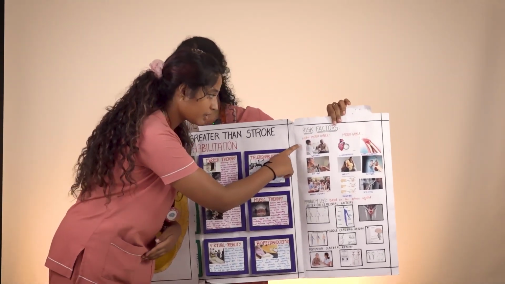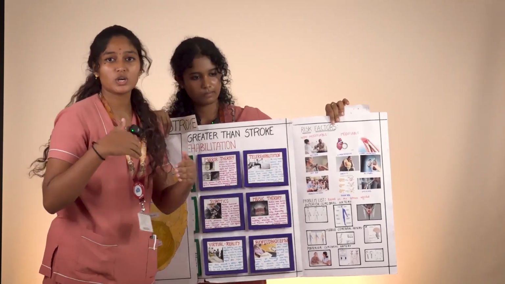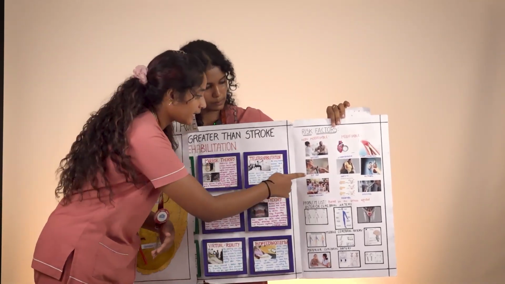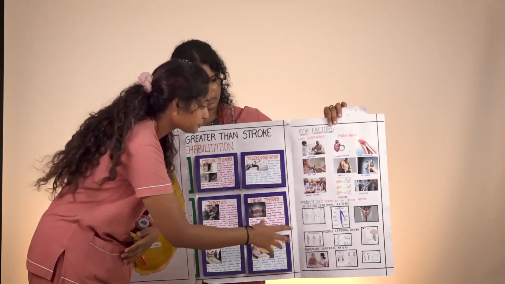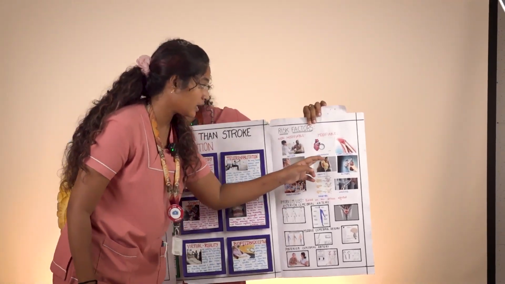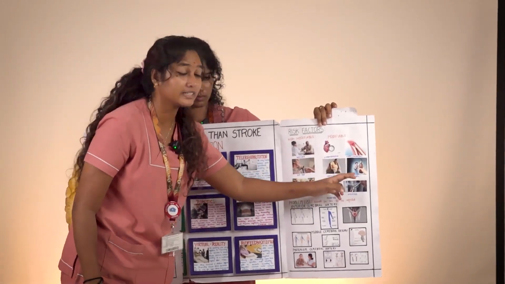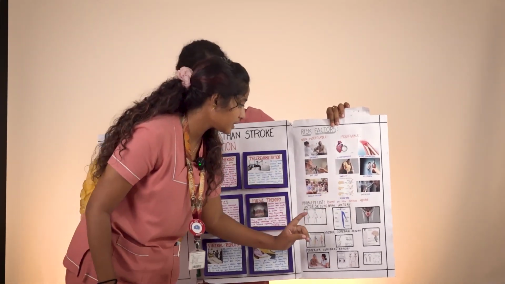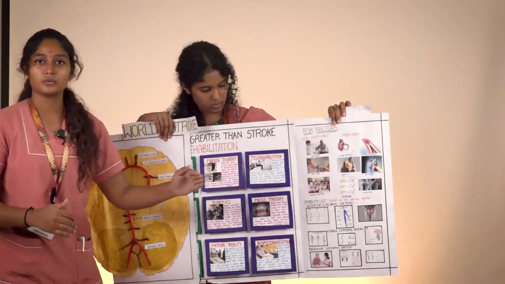Non-modifiable factors include gender, where males are more prominent, age 45 to 50, and familial history. Modifiable factors include hypercholesteremia, diabetes mellitus, obesity, hypertension, and so on.